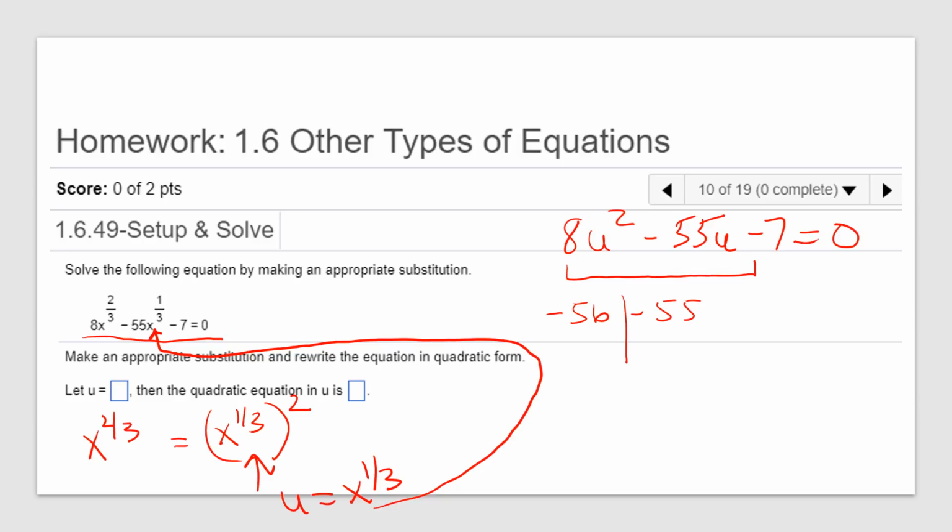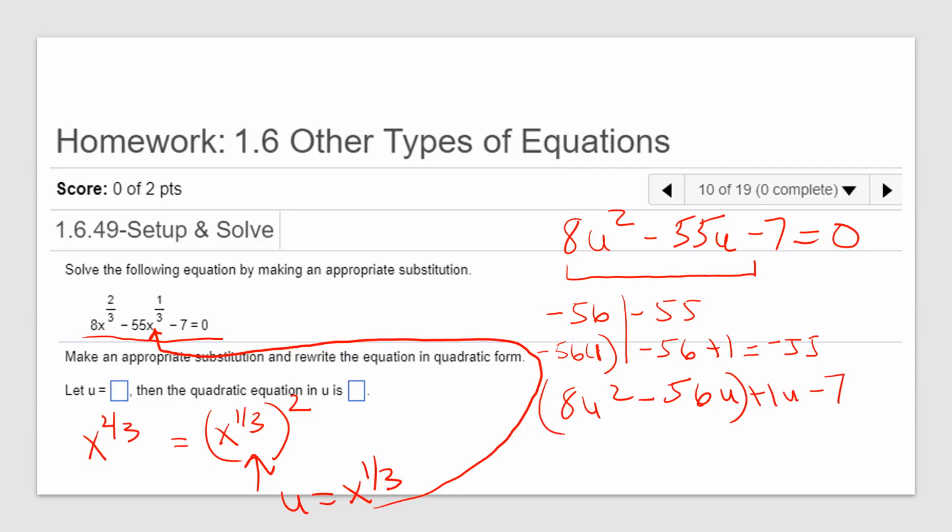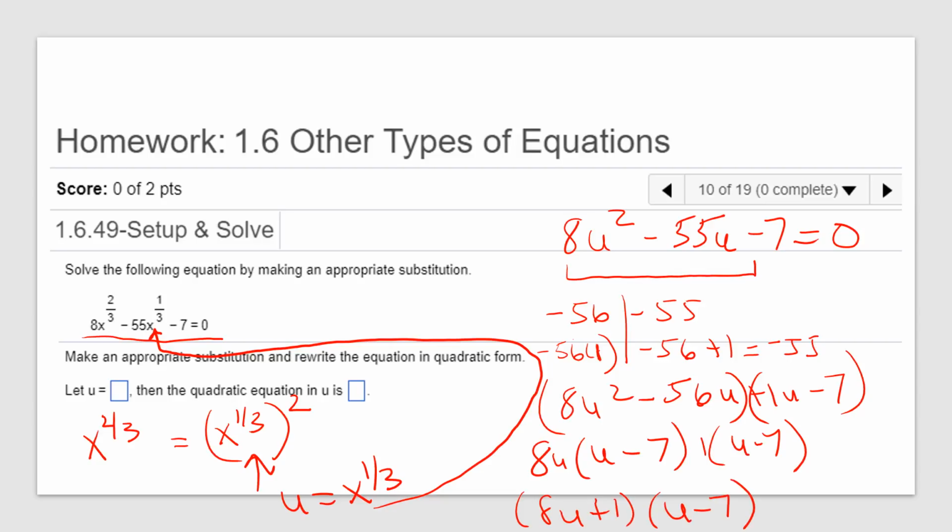That is negative 56 times 1, and negative 56 plus 1 is negative 55. So when I rewrite this, it becomes 8u squared minus 56u plus 1u minus 7. Putting the first two together, I take out an 8u and get u minus 7. Again, they match, so I take out a 1 and get u minus 7. So my two parentheses are 8u plus 1 and u minus 7.